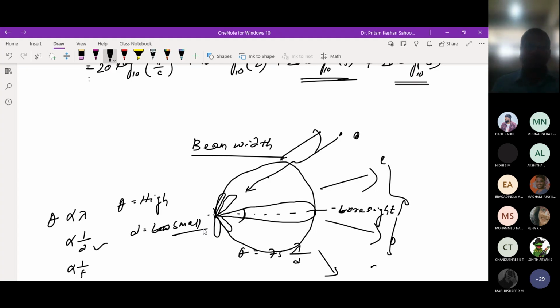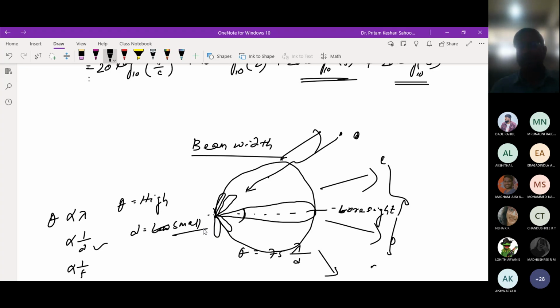Next, our Earth is not a pure sphere. Many things are responsible for the diversion of the satellite point. If we have a larger beam width, then we can transmit the signal to the satellite. That is the reason why our DTH antennas have smaller size. Smaller size means the beam width will be larger.